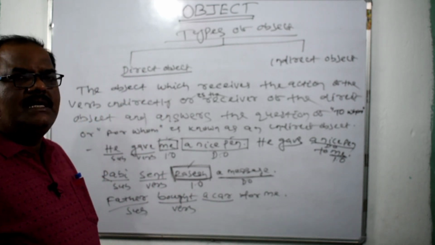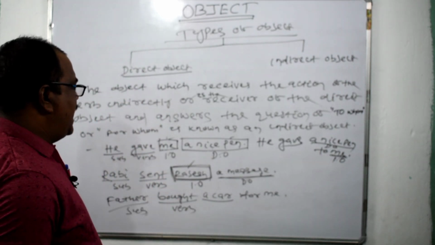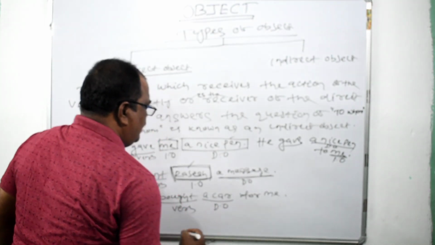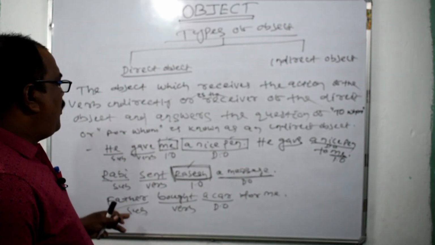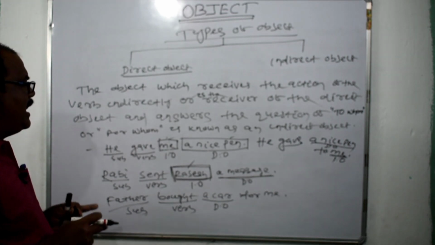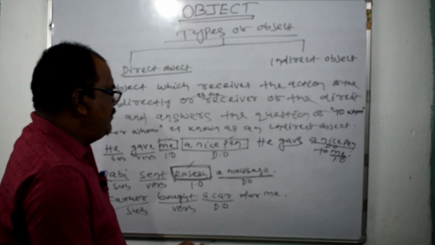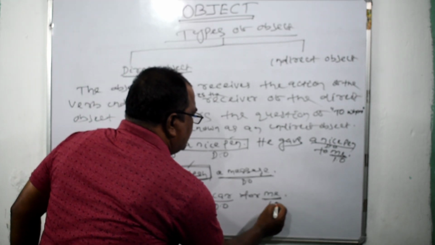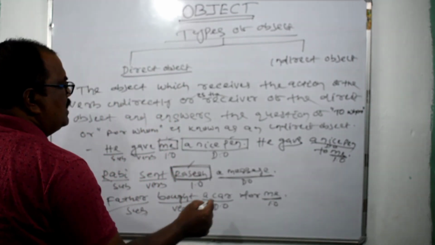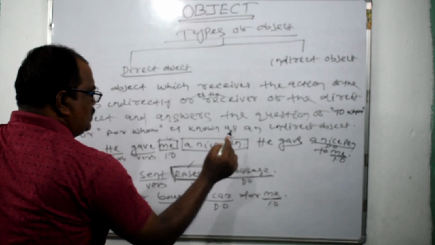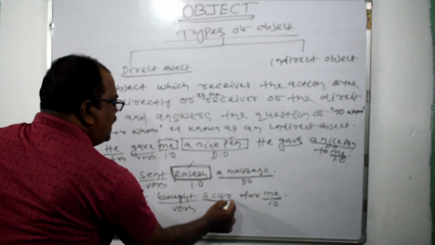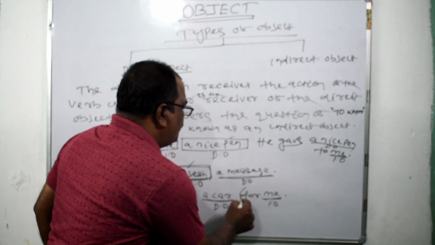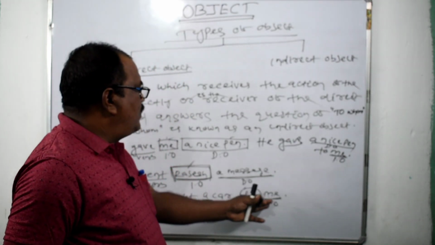Look at the sentence. In the sentence, the direct object is used first. And for whom did father buy a car? For me. Me is the indirect object. As the indirect object is used after the direct object, as per the meaning of the sentence, the preposition for is used before the indirect object.